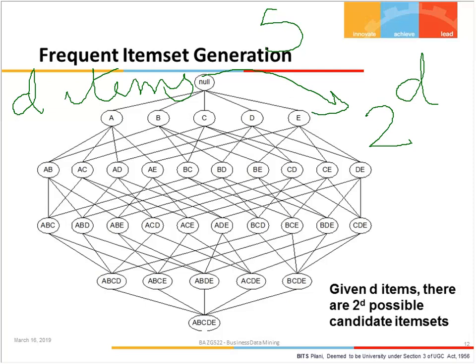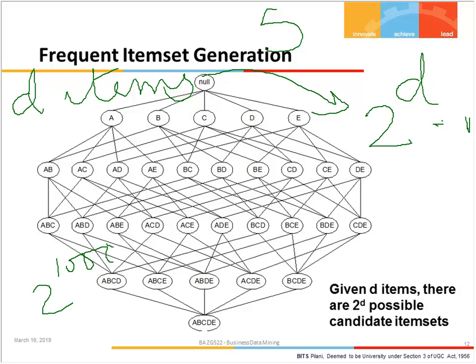It is 2 to the power of 1,000. If you remove the null, it is actually 2 to the power of d minus 1, but we ignore that. This is a very small consolation compared to the big number of item set candidates we are getting. So 2 to the power of 1,000 is going to be very, very computationally inefficient.